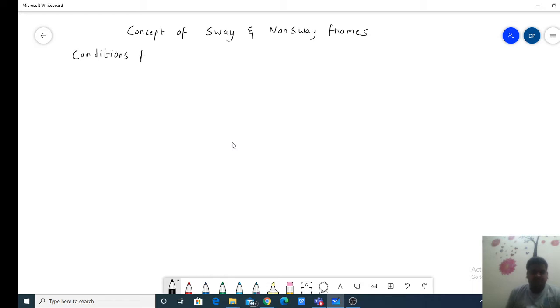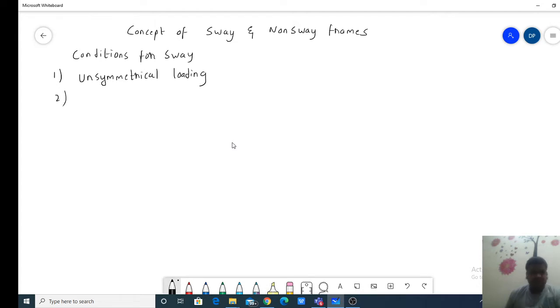conditions for sway frames. So when do we call it a sway frame? First, if it is having unsymmetrical loading, then I will say it is a sway frame.